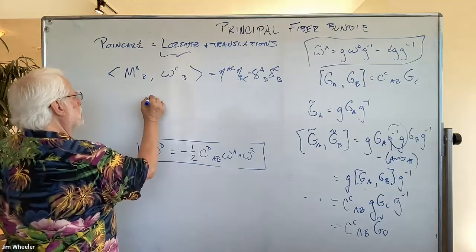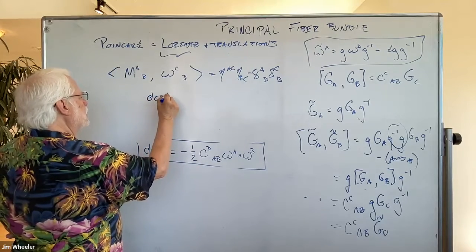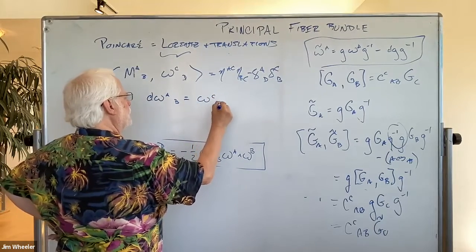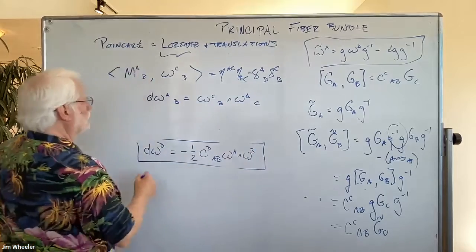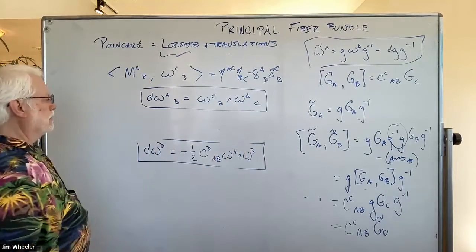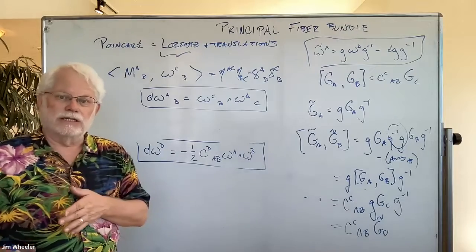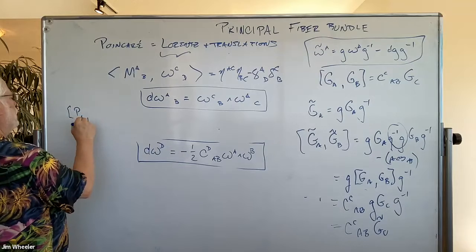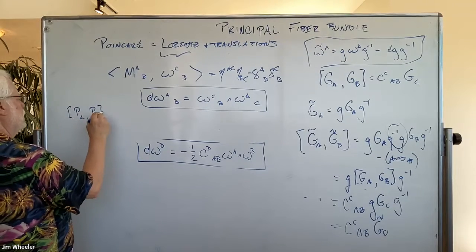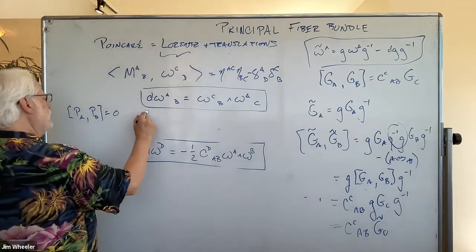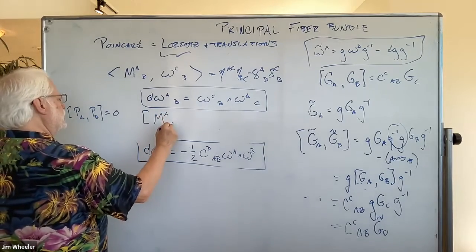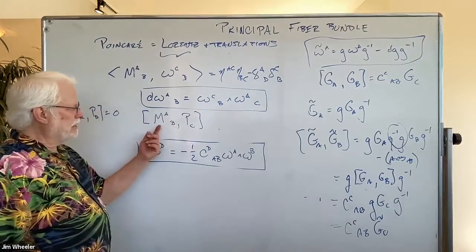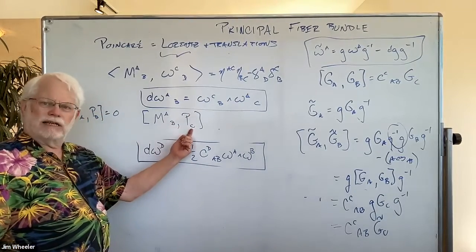So the Maurer-Cartan equation for the Lorentz group ends up being this, omega CB wedge omega AC, which is a fairly simple thing. Now, the translations all commute, so two translations generated by P just give 0. The only other thing we need to have the whole set is to know what happens with an M and a P, the commutator of a boost or rotation with a translation.